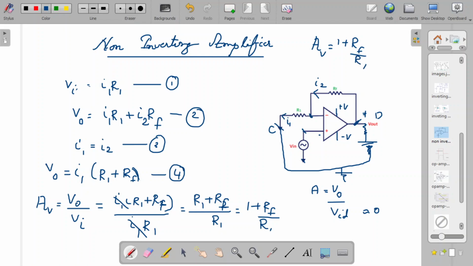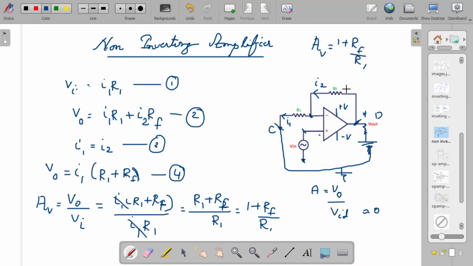This gain basically depends upon the feedback resistor and the resistor R1. So the gain of an op-amp always depends on the external resistors which you connect, and not on the input resistance or any other thing.